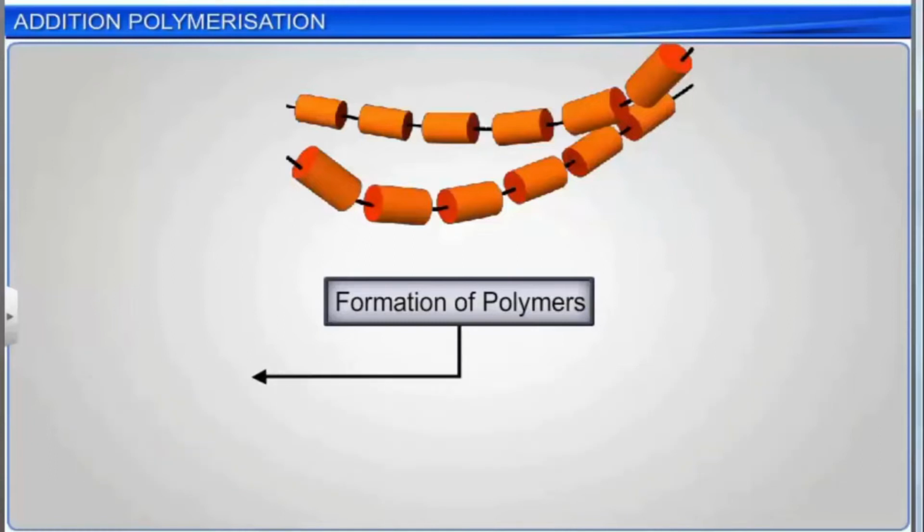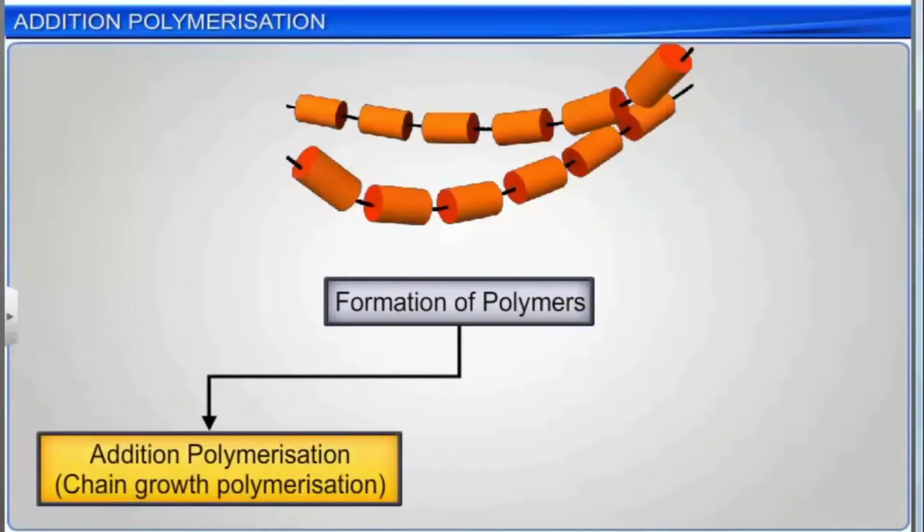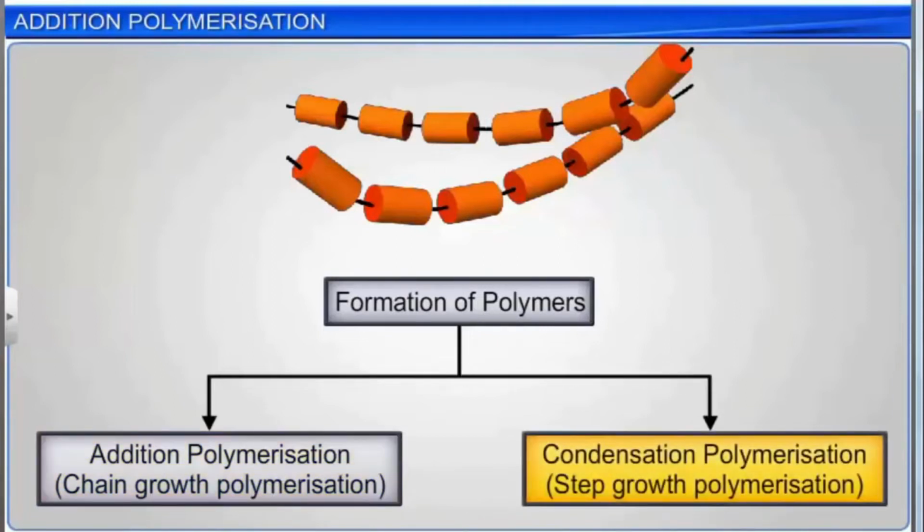These are addition polymerization or chain growth polymerization, and condensation polymerization or step growth polymerization. Let's learn in detail about addition polymerization.